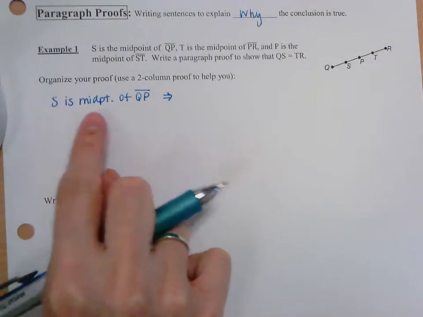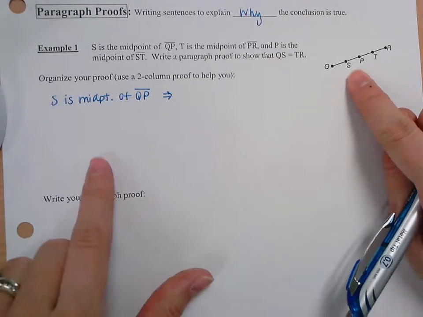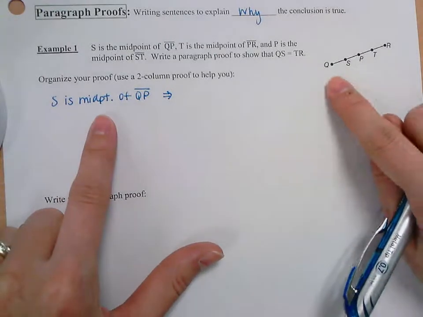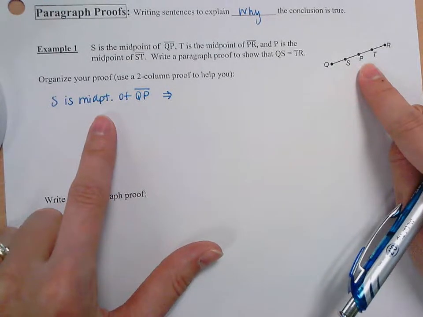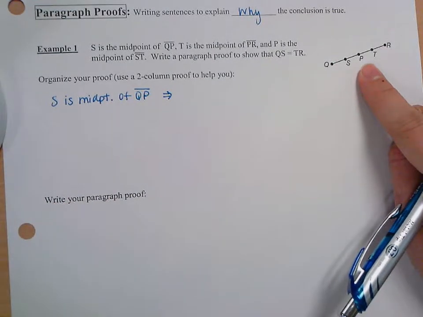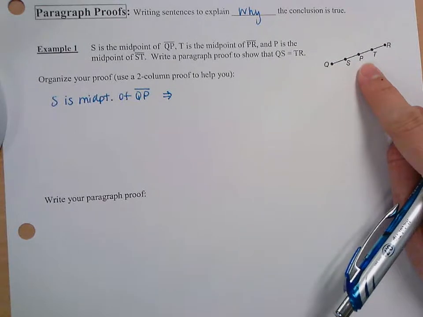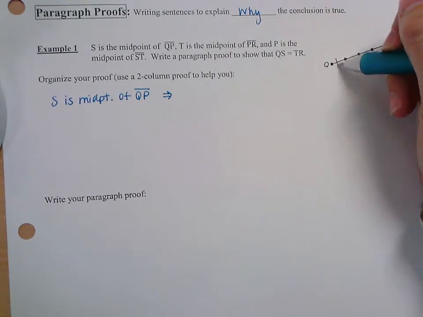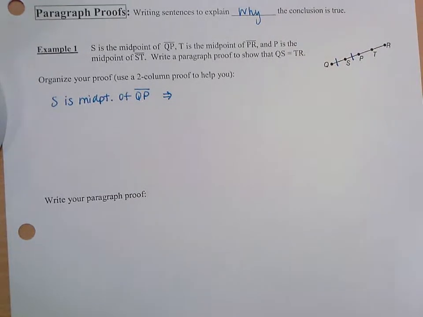What does this information tell me? If I look at my segment, if S is the midpoint of QP, what do I know? What conclusion can I make? QS and SP, those segments are congruent.